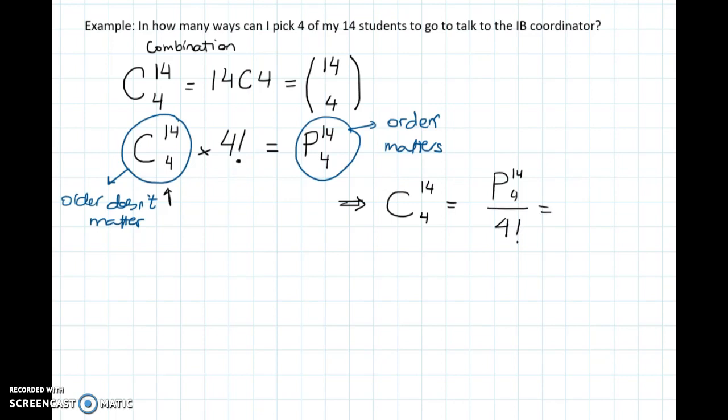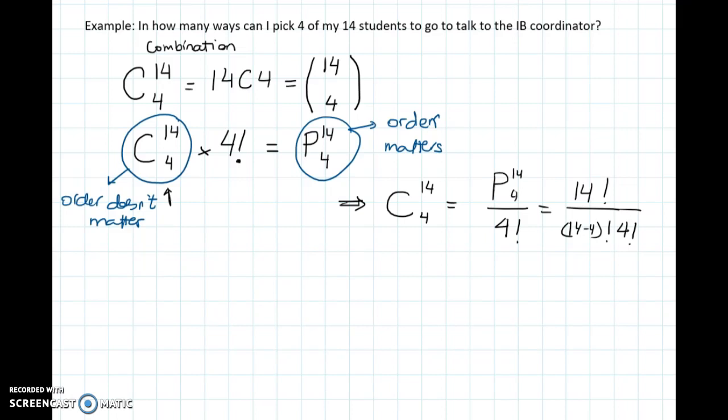For the permutations, we have a formula: 14 factorial over 14 minus 4 factorial. And then we have this 4 factorial also multiplying in the denominator. So this is the formula to find in how many ways I can pick 4 of my 14 students to go talk to the IB coordinator.